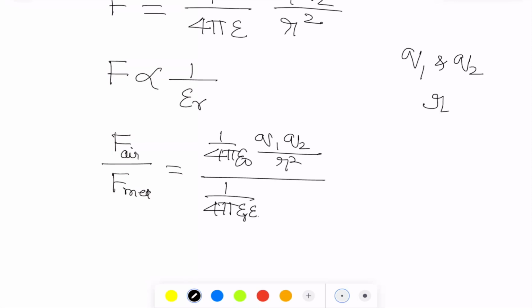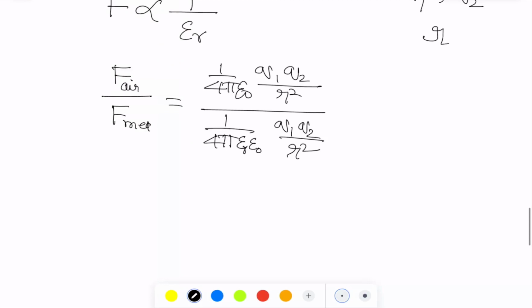If you know the relative permittivity, then the force in air divided by the relative permittivity gives the force of attraction or repulsion between the same charges in a different medium.